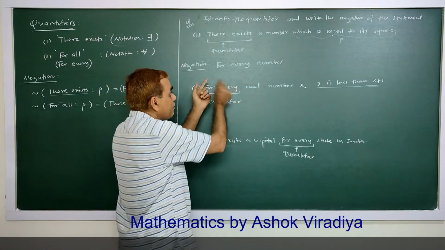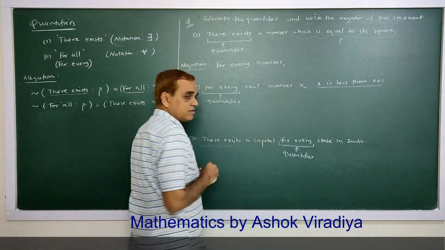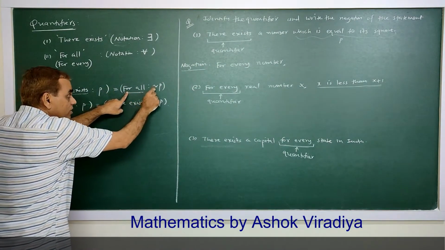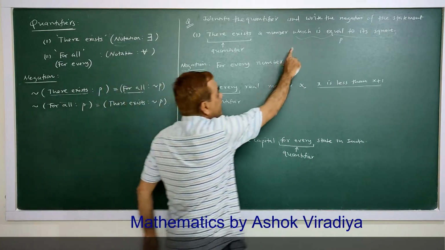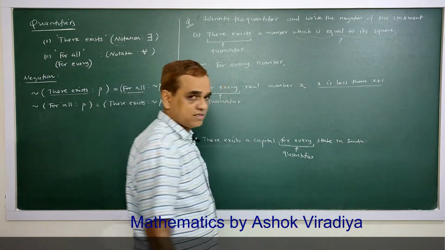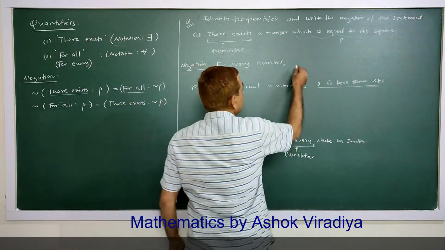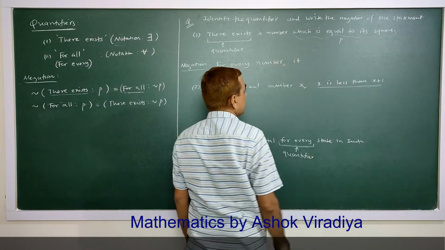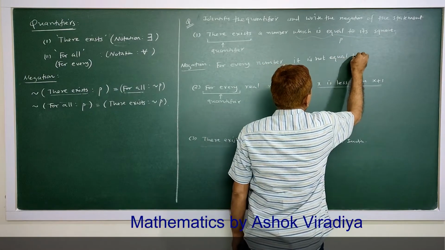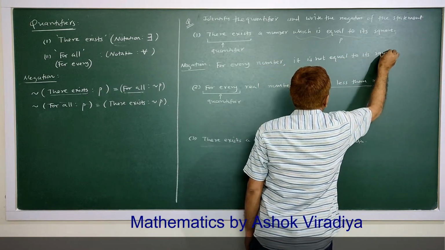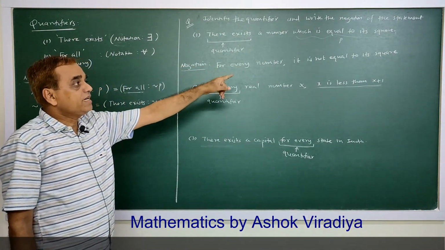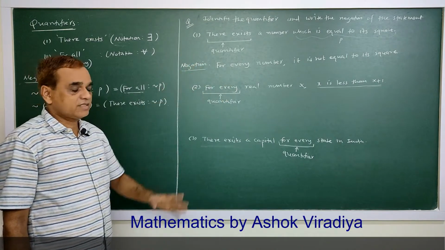Now we are saying that for every number, put the denial of P, that means put the denial of this statement, which is "not equal to its square". For every number, it is not equal to its square.